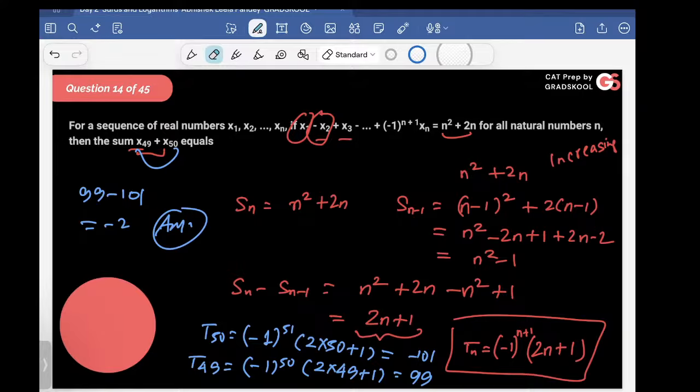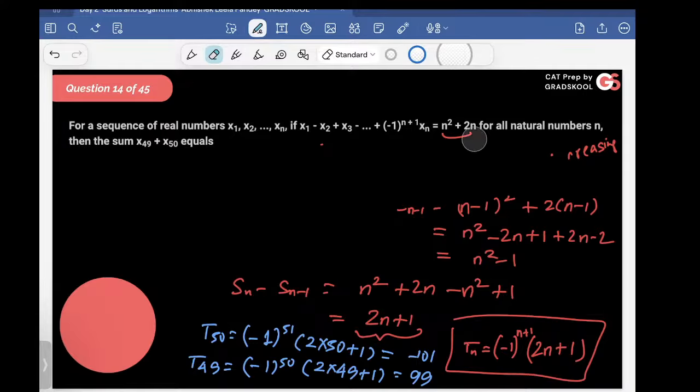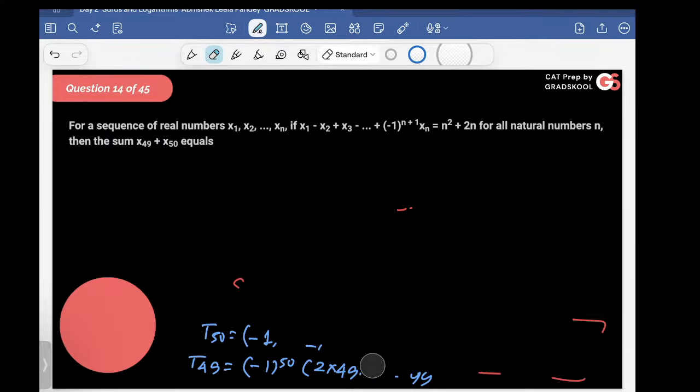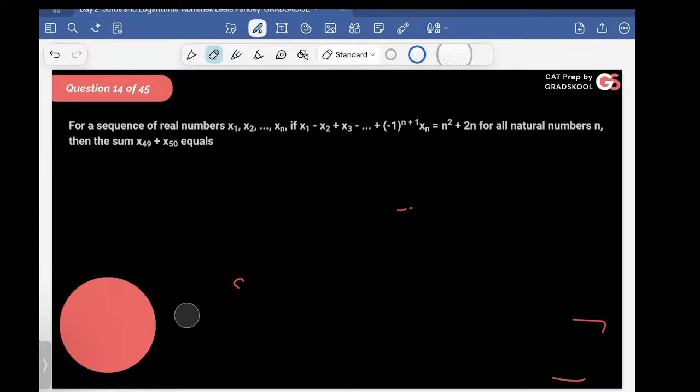Okay, no worries. Let's do it by another way. This is one of the ways, which is highly algebraic. Let me do it in a very simple manner.